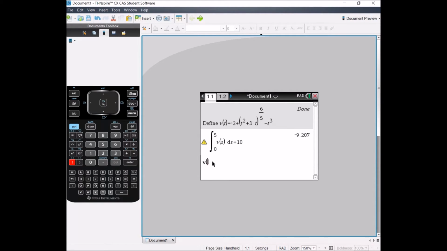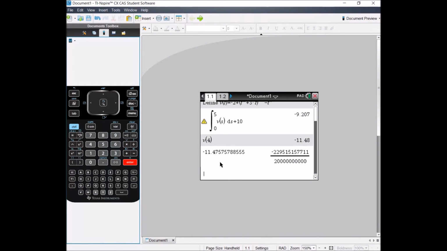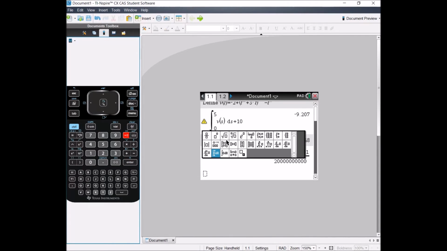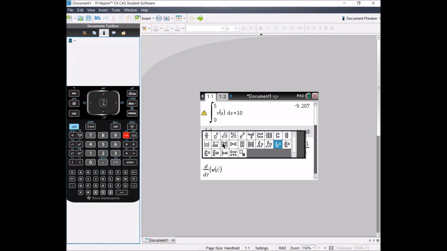So for that, we will just do v of 4. Control Enter. So negative 11.48. And if you go up there, okay, so we can see that's negative 11.747, blah, blah, blah. Okay, so now we also need to find the derivative at a point. So for that, we will go over here, d over dt, v of t, and then we need to tell it what point.